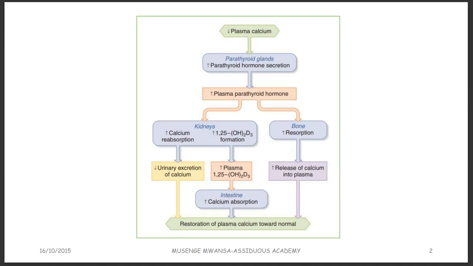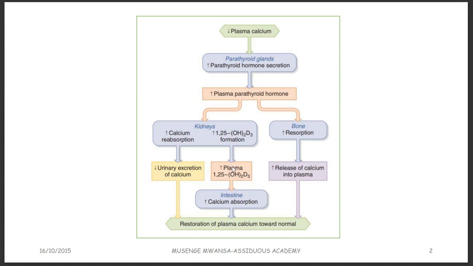Number two mechanism, just on the kidney, is that the kidney is now going to produce what is known as 1 alpha hydroxylase. 1 alpha hydroxylase is going to convert 25-hydroxycholecalciferol, or calcidiol, to 1,25-dihydroxycholecalciferol.